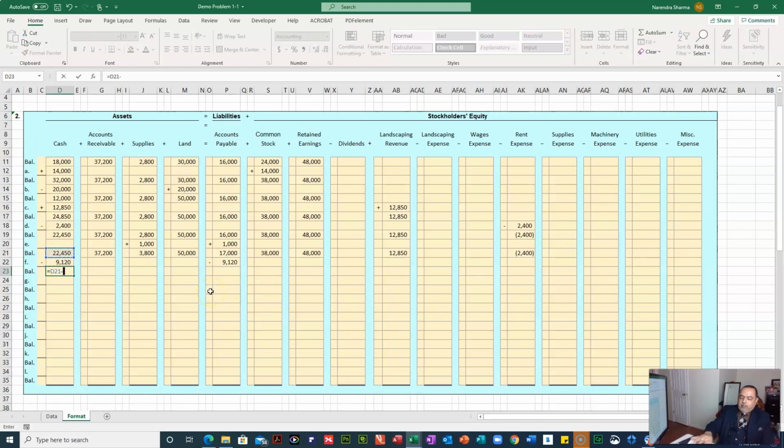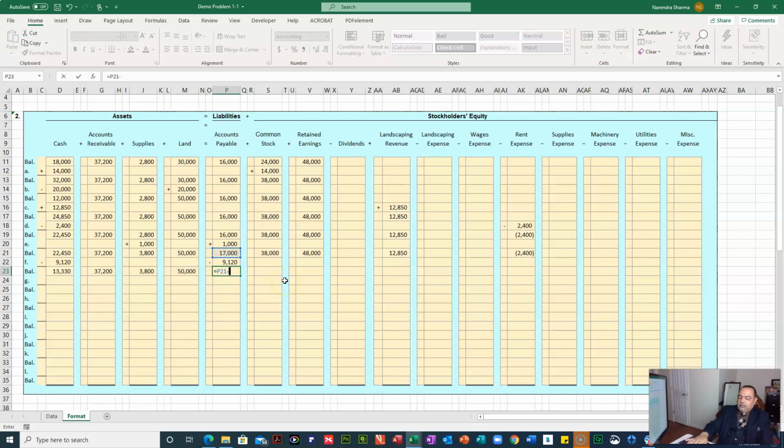So this will be minus that, so cash will be 13,350. No change in your accounts receivable balance, no change in your supplies balance, no change in your land balance. Yes, this will be changing.